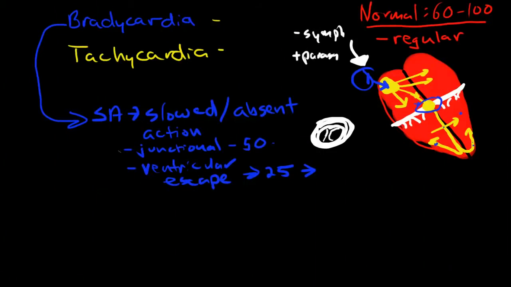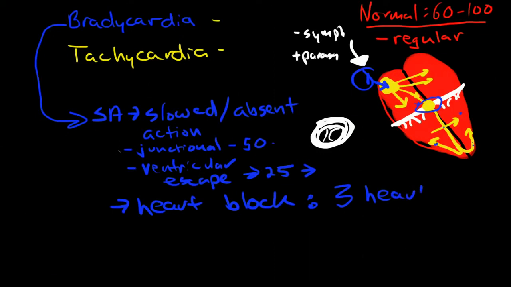And what we end up with is a heart block. I'm not going to get into all the details, but if you remember from your early nursing courses, there are three types of heart blocks, and they all involve dysfunction of the AV node to different degrees.